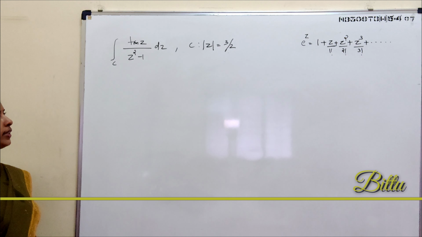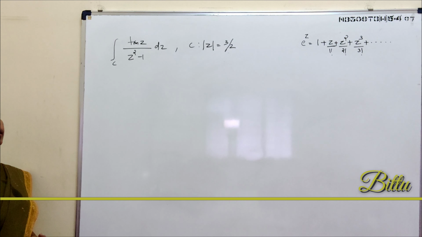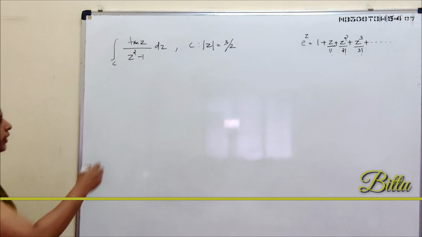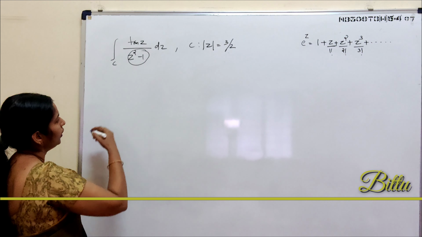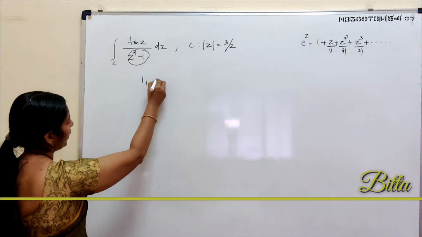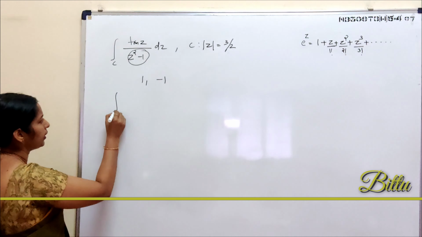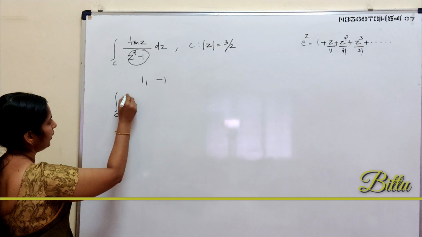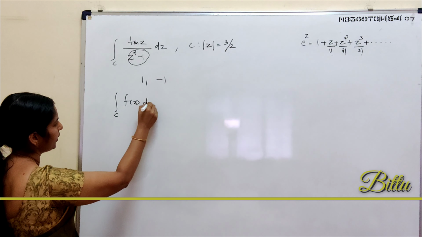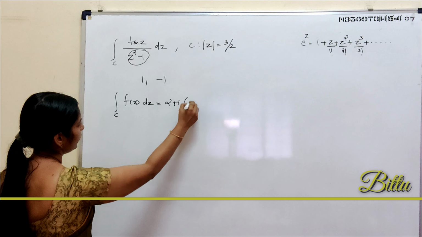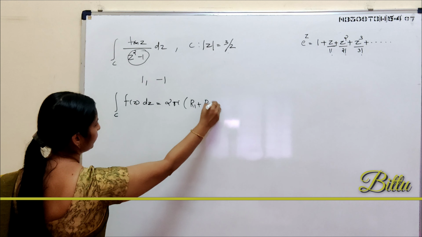Next we have to evaluate integral over C tan z by z square minus 1 dz, where C is mod z equal to 3 by 2. You can find its singular points from here. Clearly the singular points are 1 and minus 1. Both are simple poles and both lie inside C. So by residue theorem, integral over C f z dz is 2 pi i into R1 plus R2.